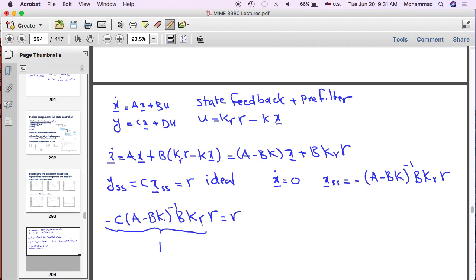So we know what K is, so we know B. What we don't know is KR. We don't know what the pre-filter value should be to give us zero steady state error. So KR, therefore, is going to be equal to minus 1 over C times A minus B K inverse times B.